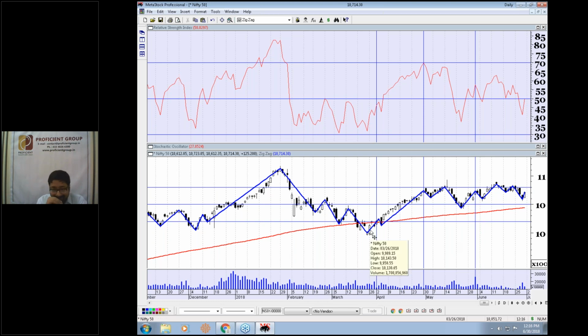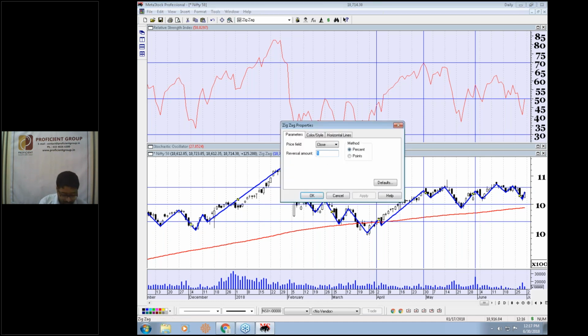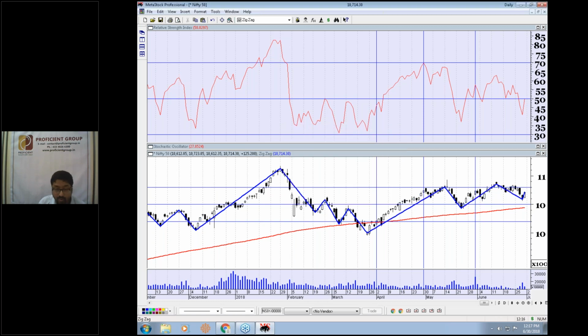In the upper pane, I have plotted RSI. Why I have plotted RSI, that is another story I'll tell you later. First of all, let me show you how Dow theory can help us in gauging the primary direction of the market.